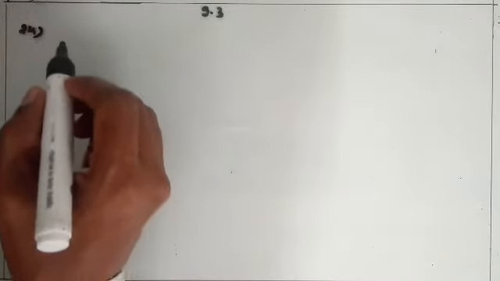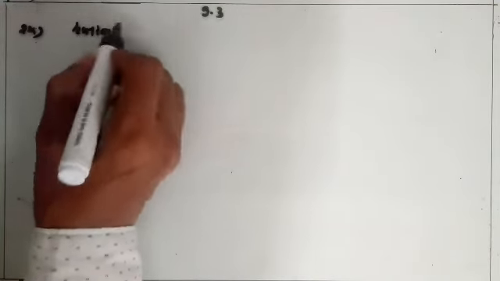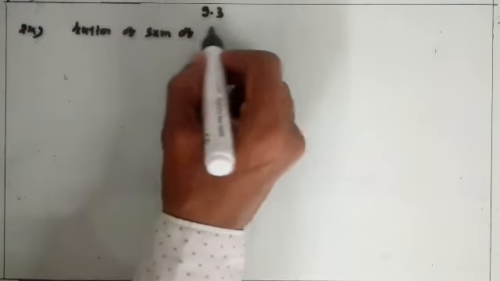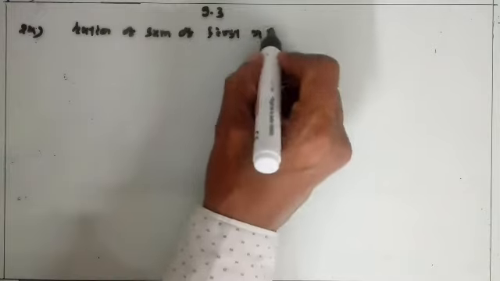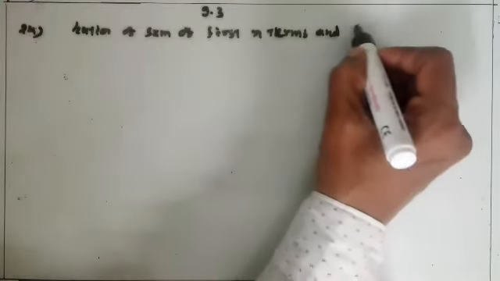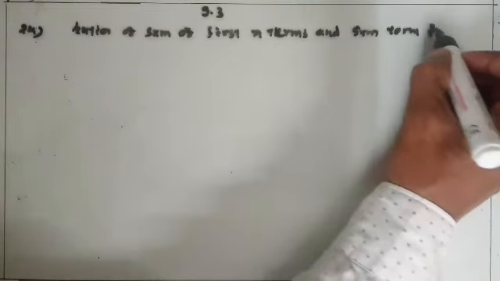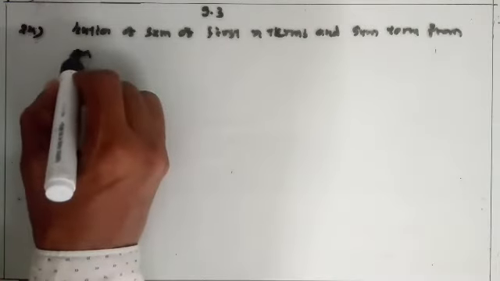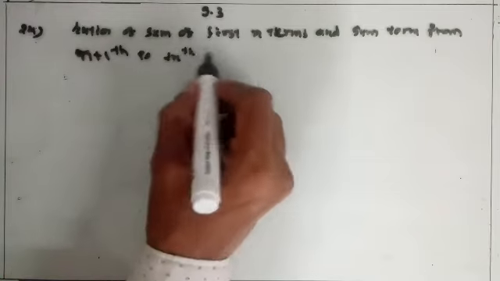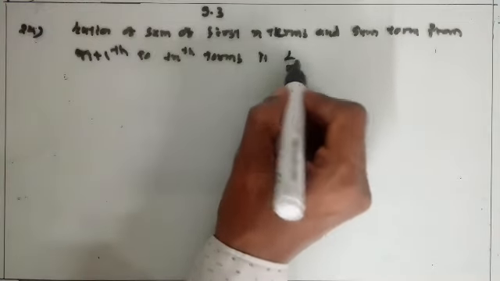Show that the ratio of the sum of the first n terms and the sum of the terms from n plus 1 to 2n terms is 1 upon r raised to n.